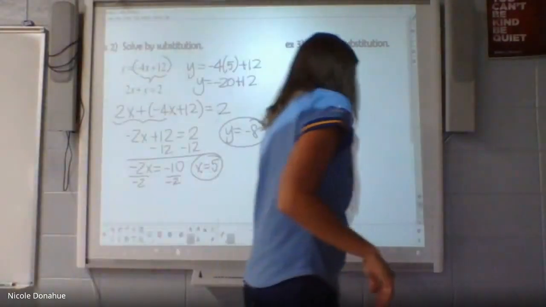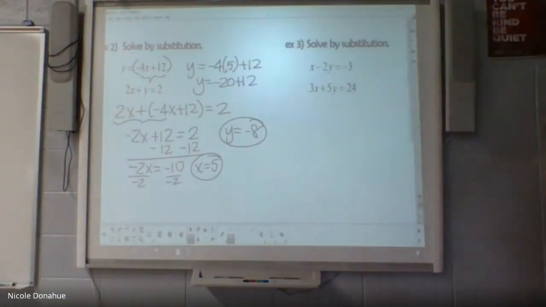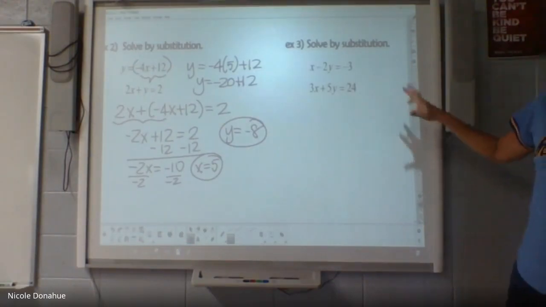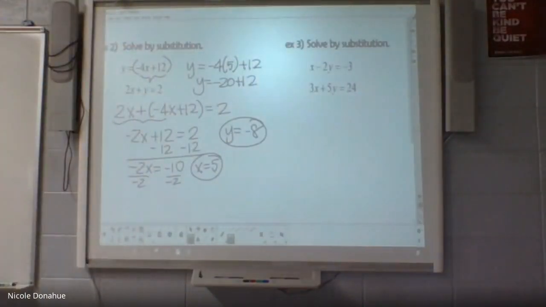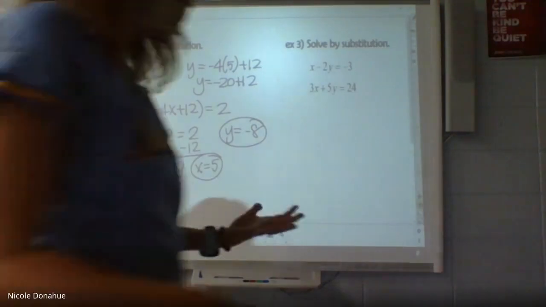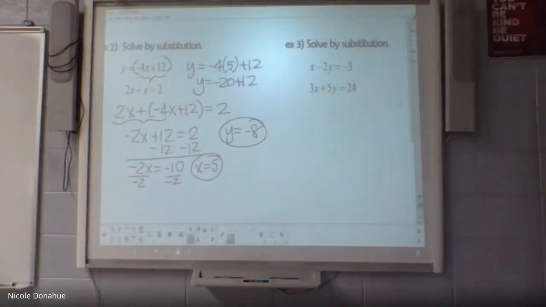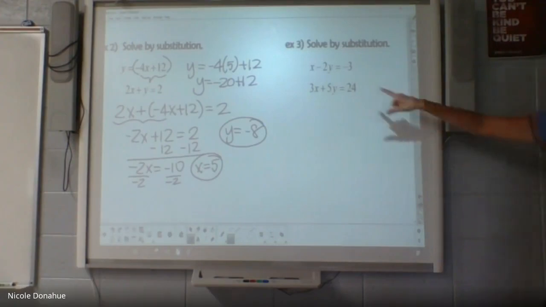I will warn you guys about the next one. I'd be careful to be a little bit smart about this next one because first of all, there's no variables alone yet. So we're going to have to do something to get a variable alone. And I'm going to tell you guys, we don't always want y alone. Y is not always the most efficient variable to get alone. Does anyone see what I'm talking about here? What variable would be easier to get alone? X. The x in that top equation.